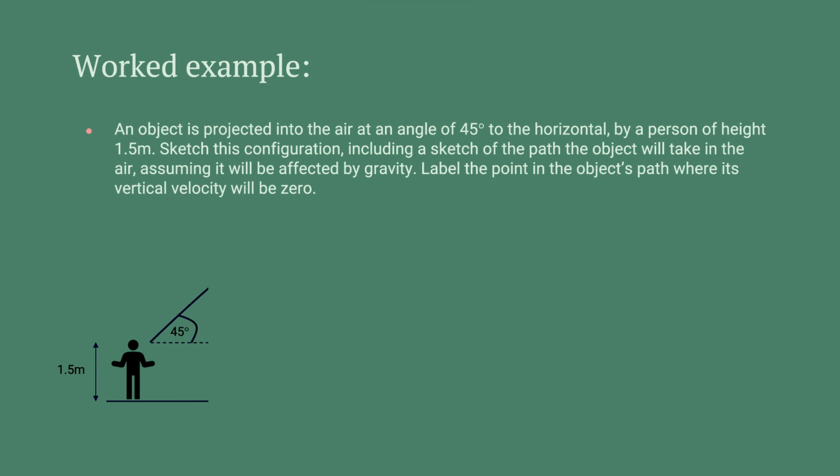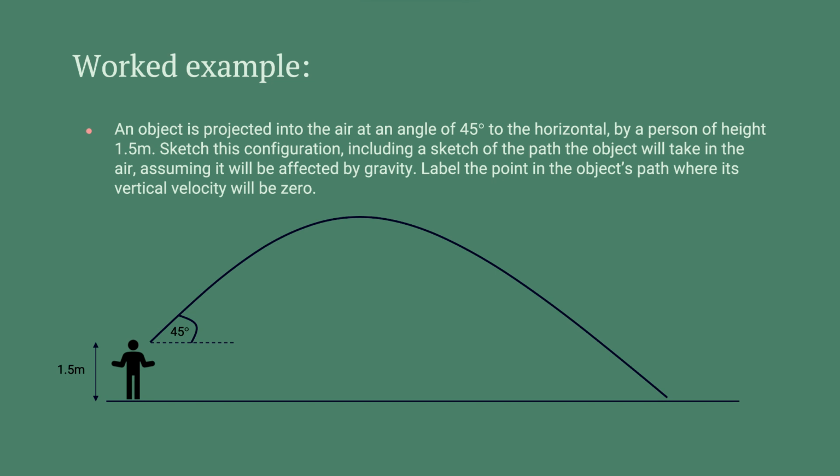Now, we can predict that it will take this nice, smooth, quadratic trajectory towards the ground, like this. The point where its vertical velocity is 0 will be right at the top, because the ball is not moving up or down at all in this position.